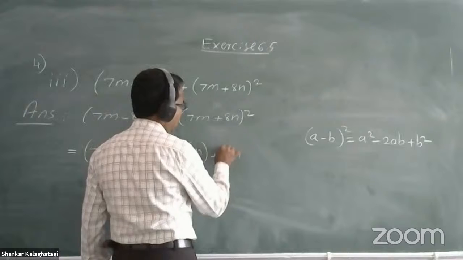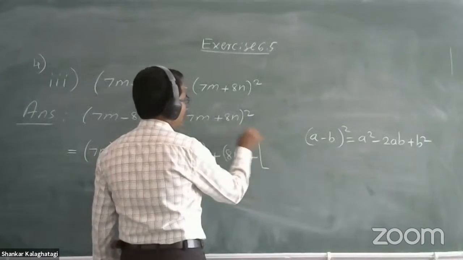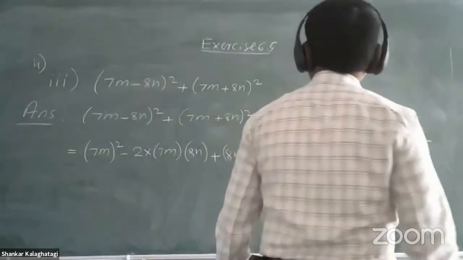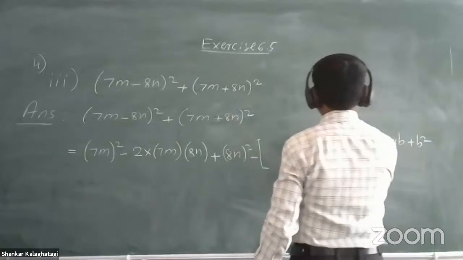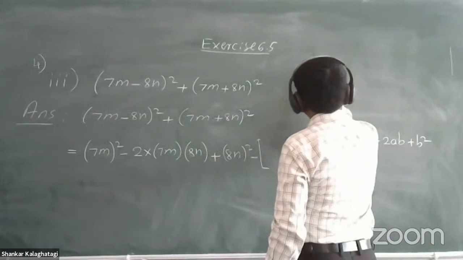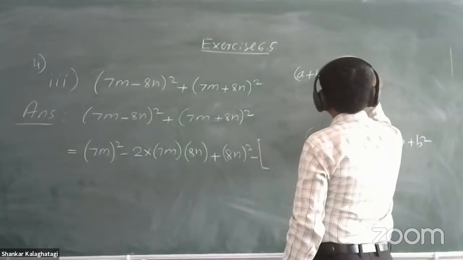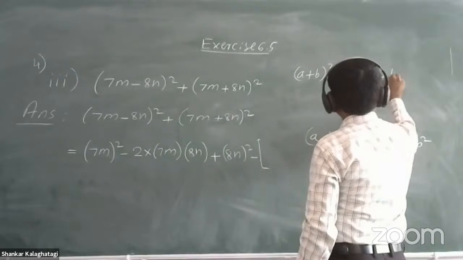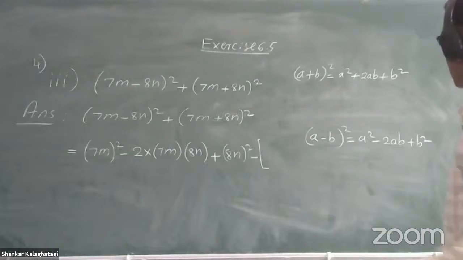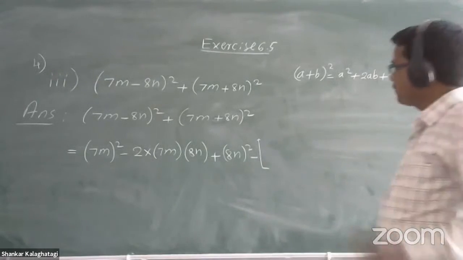Then plus (7m + 8n)^2. For this, use the identity (a + b)^2 = a^2 + 2ab + b^2.